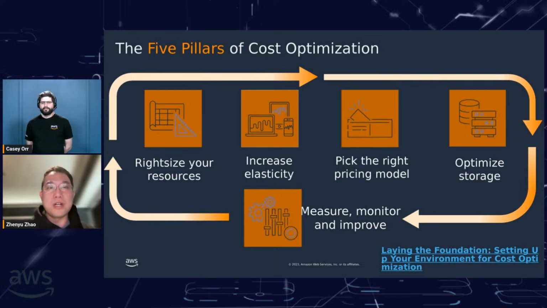So I will share some real life cases from customers on how to correctly leverage right sizing techniques, increase elasticity, and use some architecture patterns to overcome the negative side of cost reduction or sizing issues.